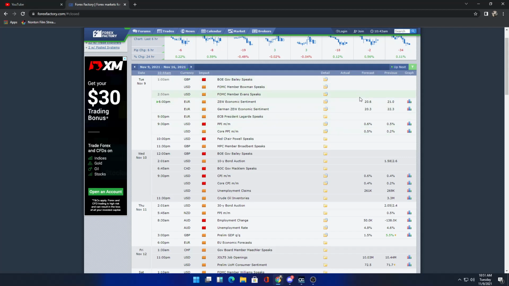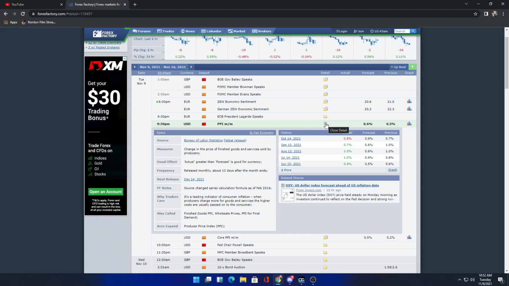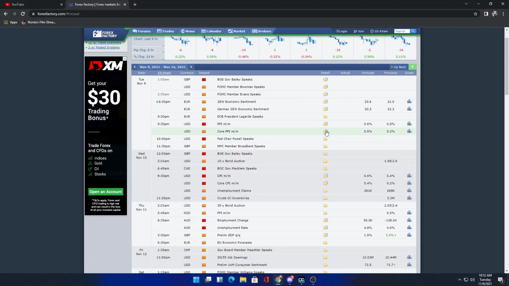they are forecasting PPI, the number is up from the previous, also core PPI, the number is 0.6 compared to 0.5 previous. They are expected to forecast 0.5 from 0.2, because if actual is greater than forecast it is good for the currency.